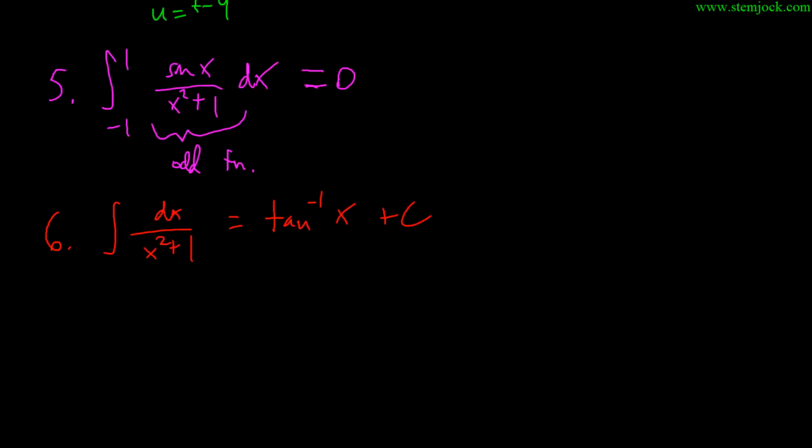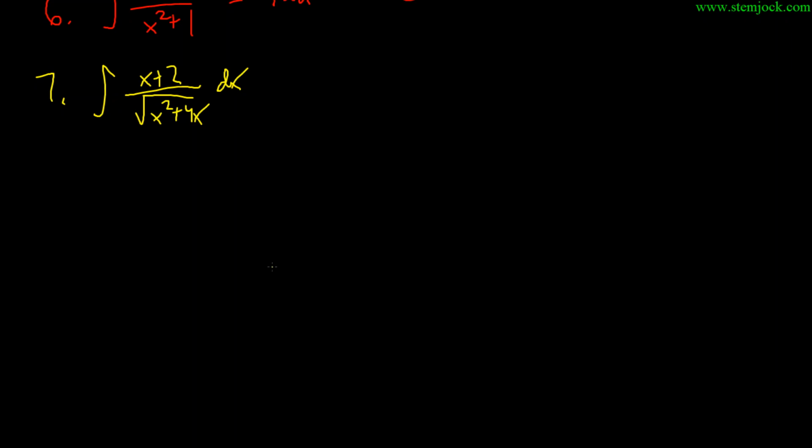All right, number 7. I have here the integral of (x plus 2) over the square root of (x squared plus 4x) dx. So again, I have a fraction here. I'm going to look to set u equal to something in the denominator. In this case, I have a function within a function.